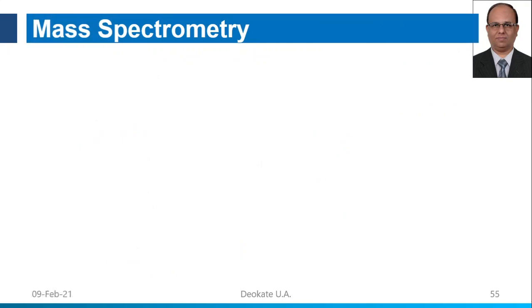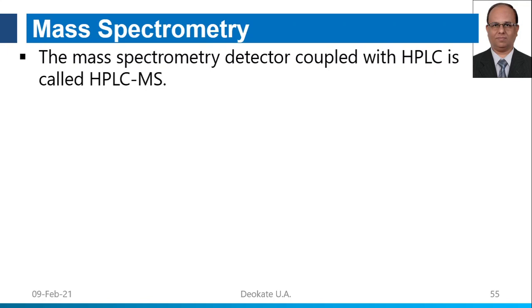Many instruments use a mass spectrophotometer, where we are not only interested in separation and detection, but identification of the compound is also done by using mass spectrophotometers. The mass spectrophotometer detector coupled with HPLC is called HPLC-MS. We have also studied GC-MS instruments.